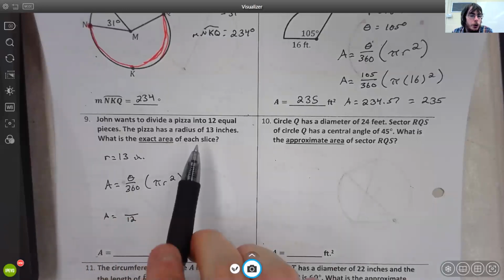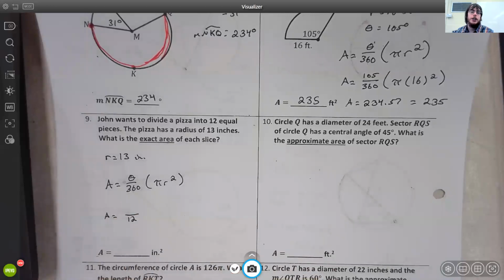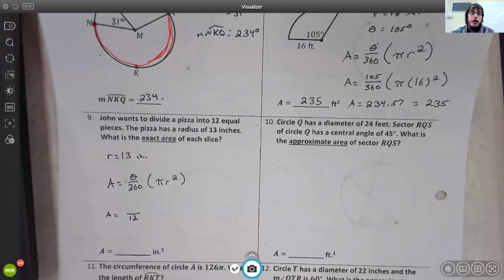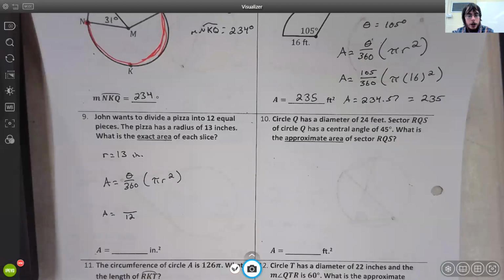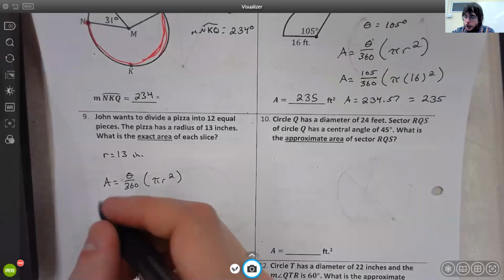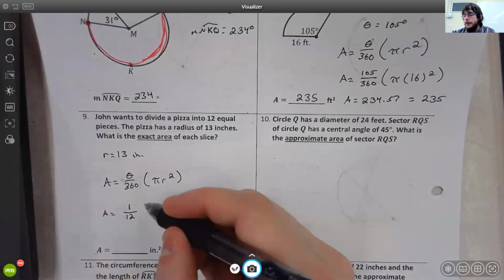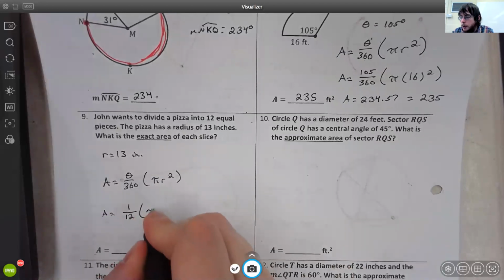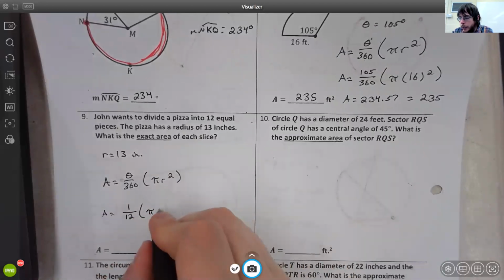And you want to find the exact area of each slice. So if I give each person in this room a paper, how many papers did I give to each person? I gave 1 per person, right? So that means that the piece is 1 over 12. So that's our fraction, and then we finish it off by pi r squared.